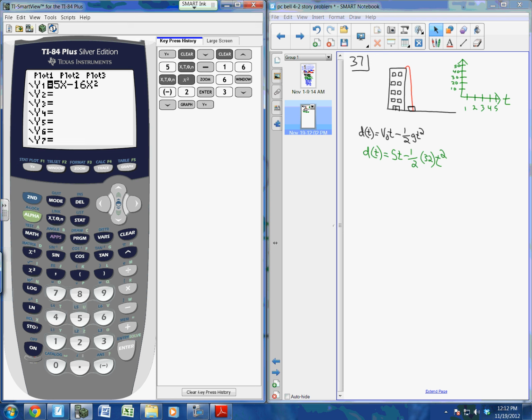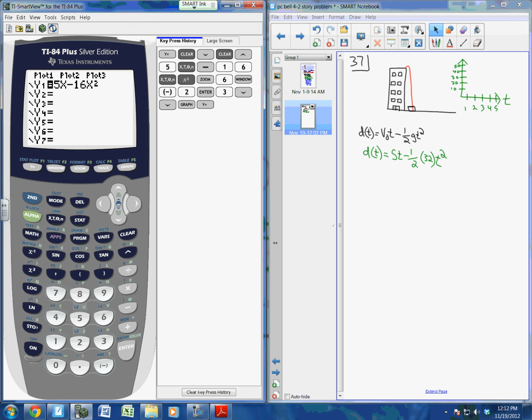Did I forget something? All right, let me look at this problem. Okay, it says draw a graph that relates a woman's distance traveled. Oh, I know why it looks like this. Because they're counting this where she jumps off the building.